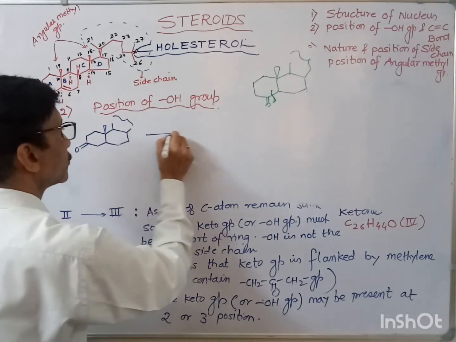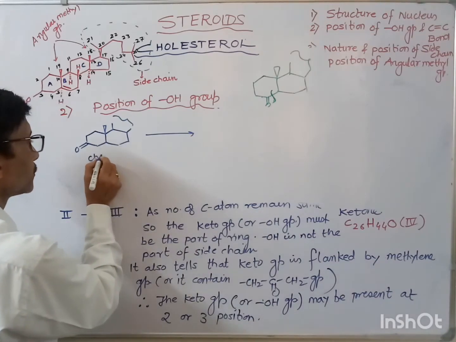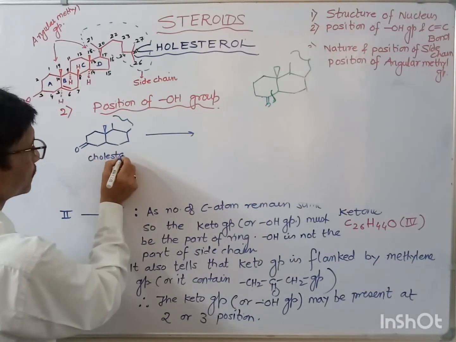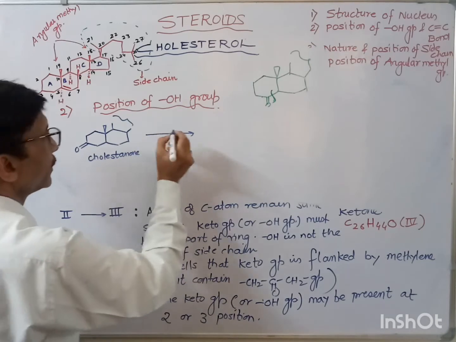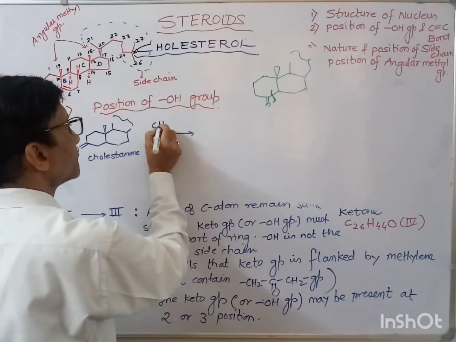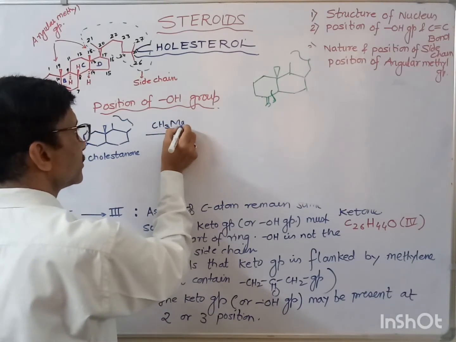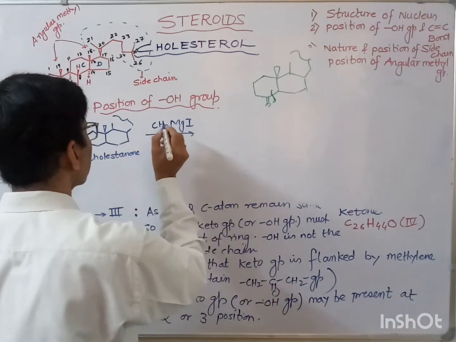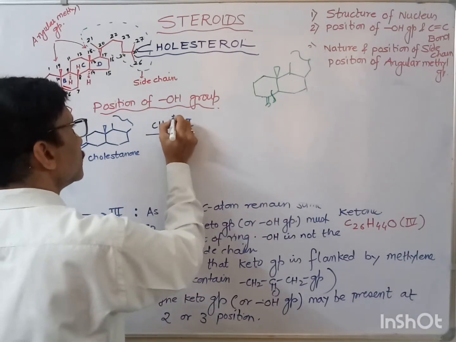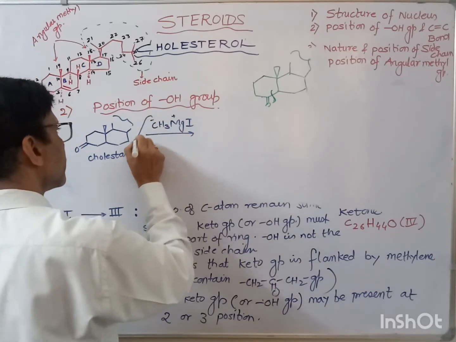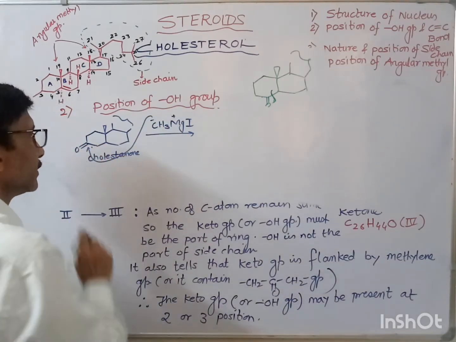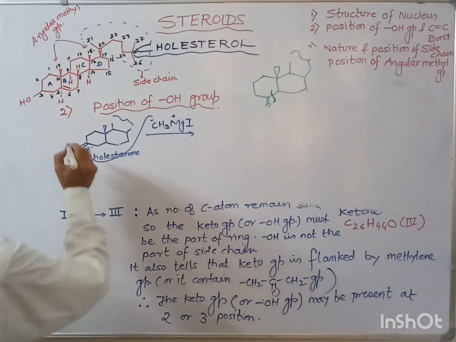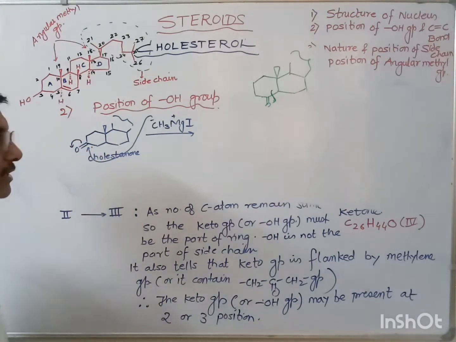When this cholesterol was treated with Grignard reagent CH3MgI, and then hydrolysis, what was seen is that this CH3 acts over here, and further hydrolysis converts it into OH.